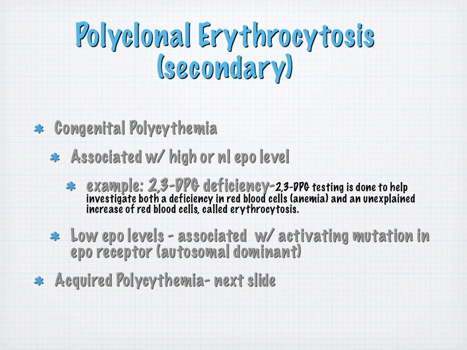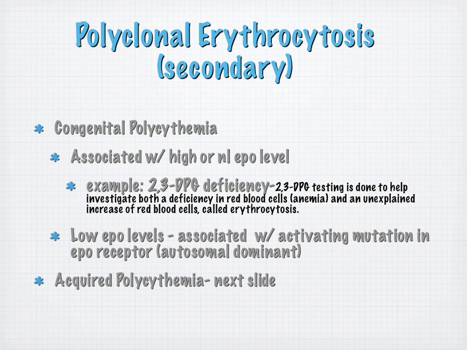So let's look first at secondary polyclonal erythrocytosis. We're talking about a congenital polycythemia that could be associated with high or normal EPO levels, as we said on the previous slide. And I give you one example, which is 2,3-DPG deficiency.